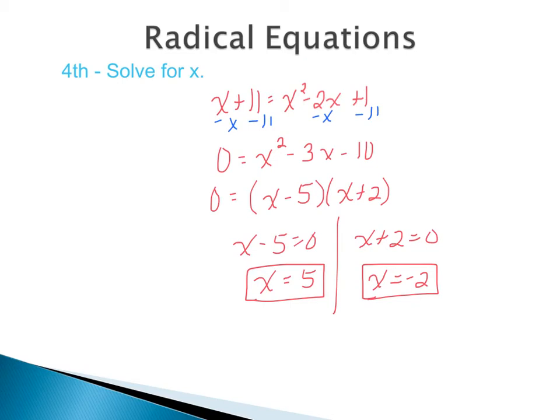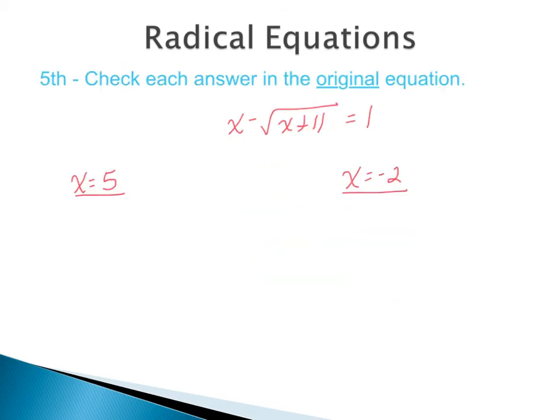Because remember, when we square a negative, it'll make it positive. When we square a positive number, it'll also make it positive. So we might have gotten an answer that is not a solution to the original equation. So what we have to do is we must go back and look to see if it checks in the original. You can most certainly use your calculator to help you check your answers. I will walk through the steps for doing this by hand.